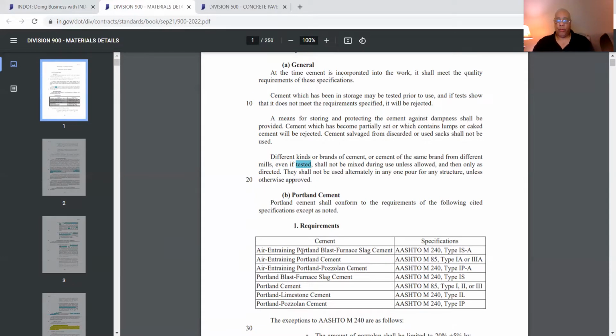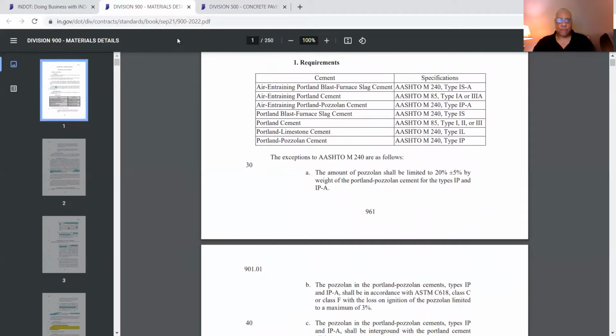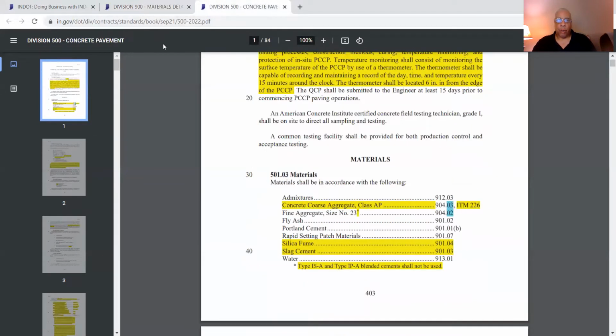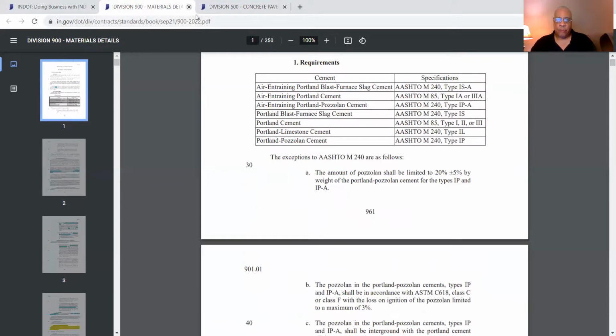It tells you how to test it. Air-entrained Portland blast-furnace slag cement. These are under the AASHTO specifications. But when it comes to any type of specifications, you need to understand that you need plans and specifications.